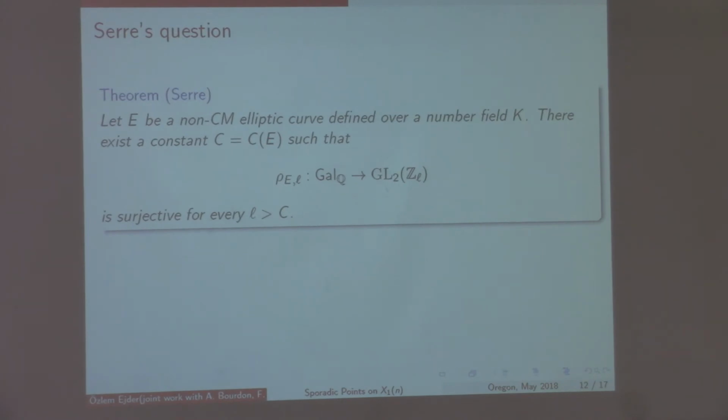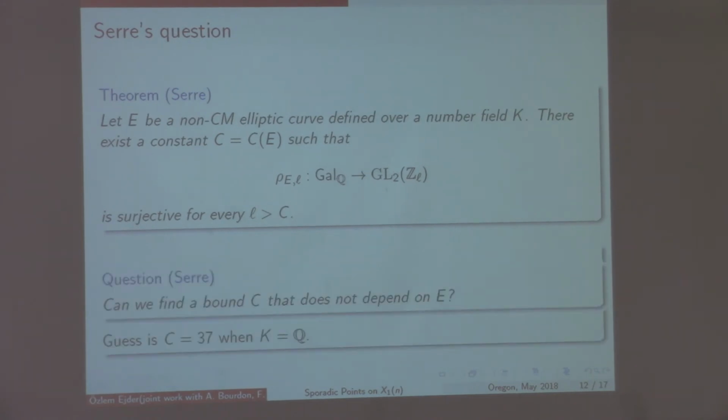All right, so Serre proved that if you fix an elliptic curve E, then there exists a constant C depending on this elliptic curve, such that if you look at this l-adic representation, it is going to be surjective for every l greater than this C. So now the question is that Serre asked, if we could take this constant not depending on E. So if we could find a constant C that just works for every elliptic curve, so that we will get a surjective representation.